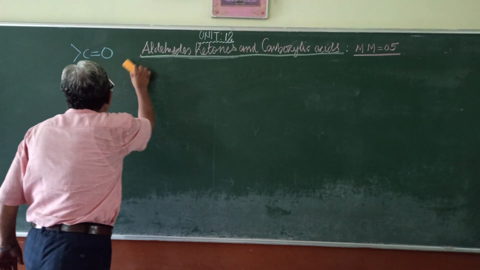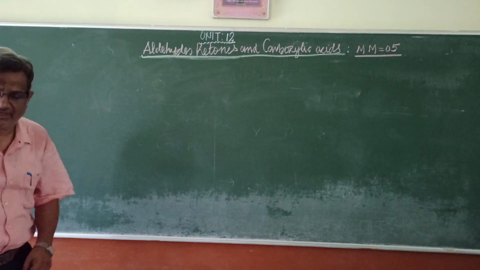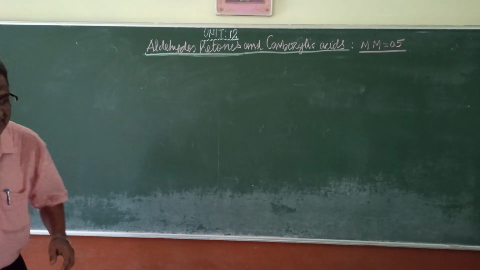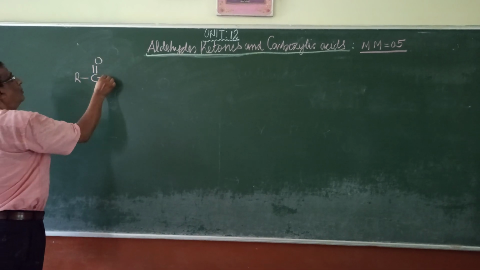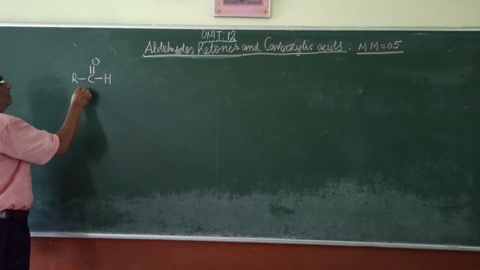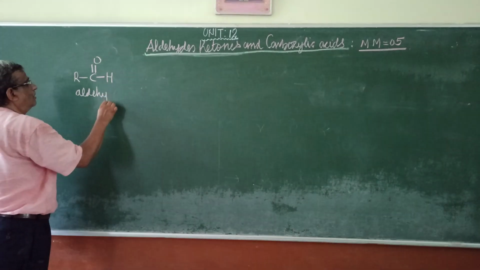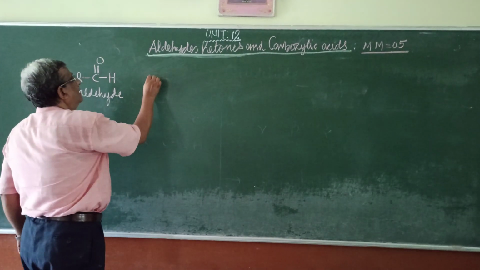Now, let us come to some basic functional groups. This R, I write here, R C double bond O H. This is called aldehyde.